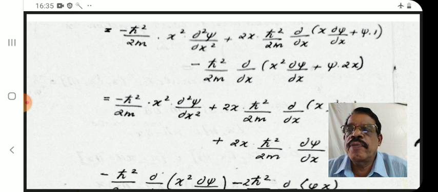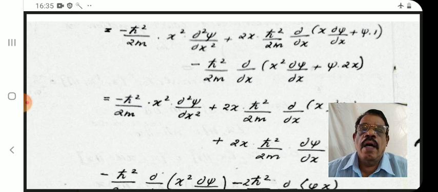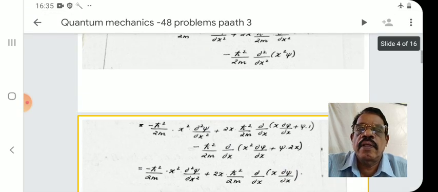RHS is equal to minus ħ² by 2m x² ∂²psi/∂x² plus 2x ħ² by 2m ∂/∂x of x ∂psi/∂x plus psi into 1.